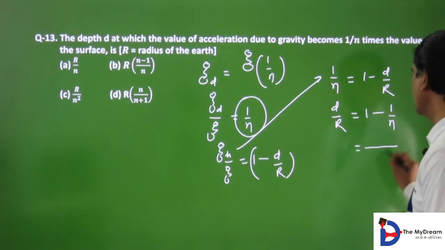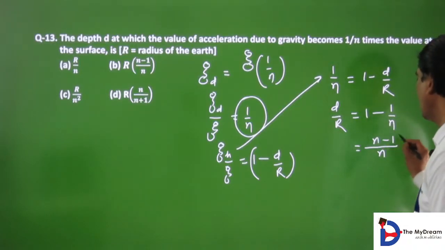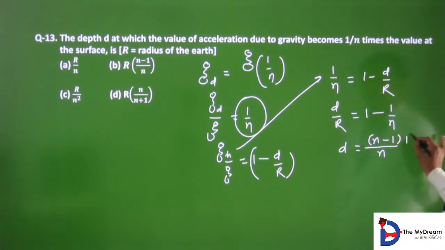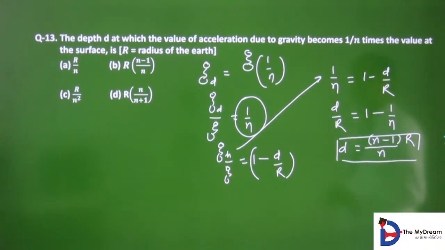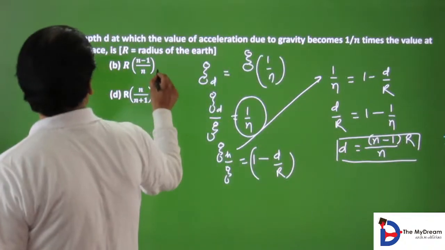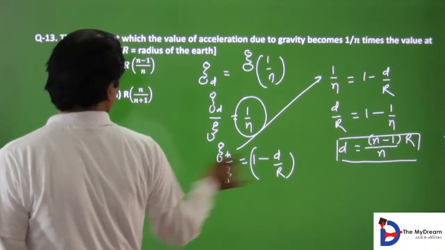Take the LCM. n minus 1 by n times R. So, this is the depth. Option B is correct.